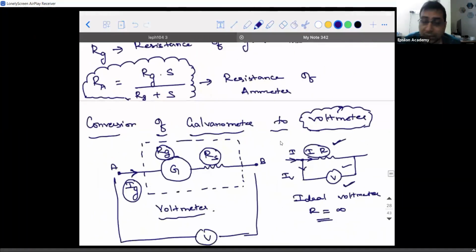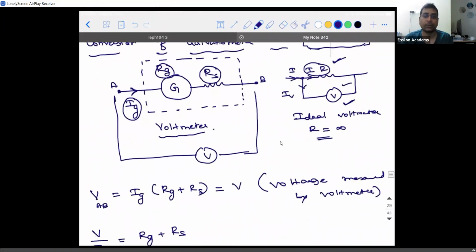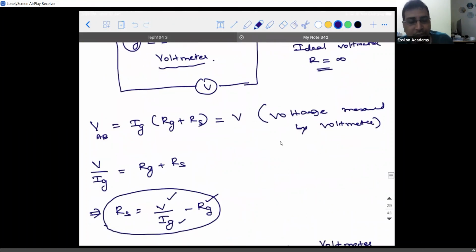Whereas in the case of voltmeter, the series resistance Rs should be very high. Please make a note of these 2 points.